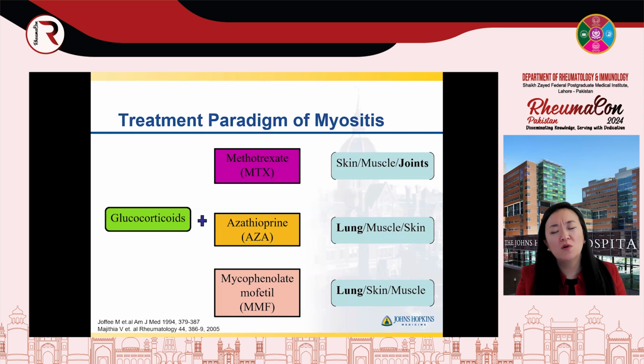But we do know that in a retrospective study that we did at Johns Hopkins, a pulmonologist working with Dr. Danoff, our colleague and the director of the ILD Center, looked back to see if there was a change in FVC, or forced vital capacity, on PFTs.